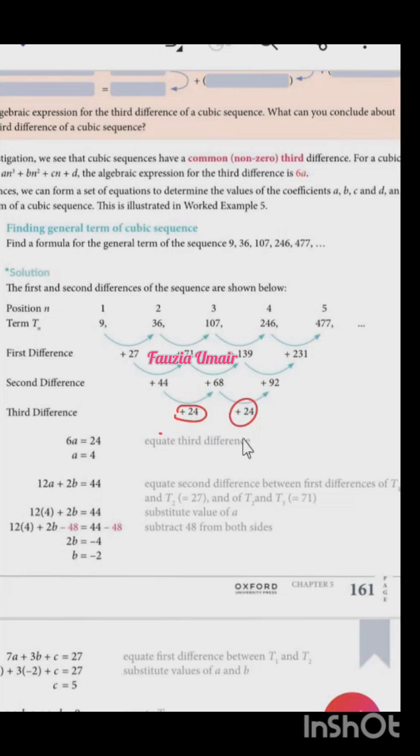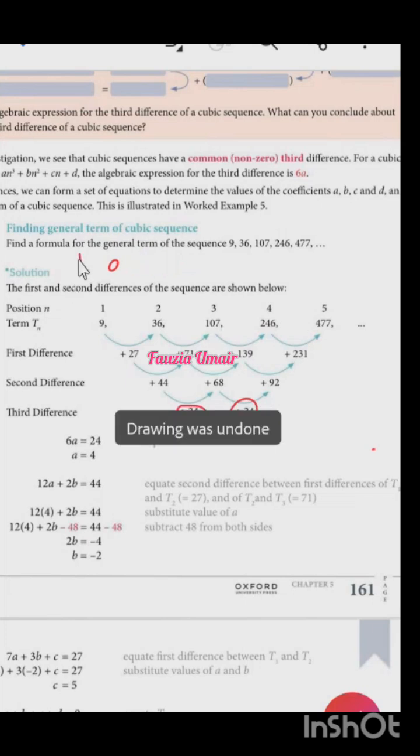Just like in the quadratic sequence, the general term formula for a cubic sequence is now, instead of ax squared, ax cubed plus bx squared plus cx plus d. Instead of x I should use n because this is a sequence now. So I will write n here.